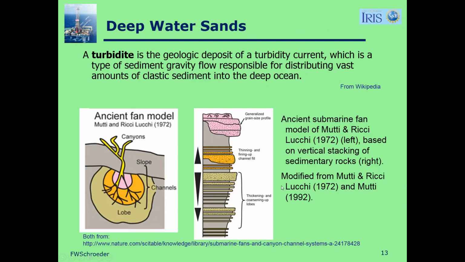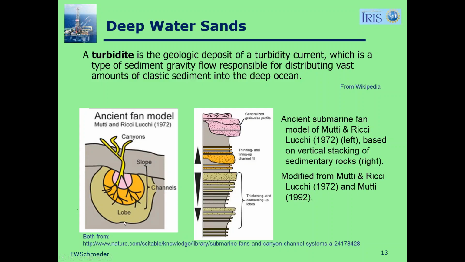So the deep water fans are formed of turbidite deposits. Turbidite is a geologic deposit that results from a turbidity current. Sediment moves down a slope due to gravity, and it can distribute a fair amount of clastic materials, usually making use of canyons on the shelf, and then those canyons can also cut into the slope.